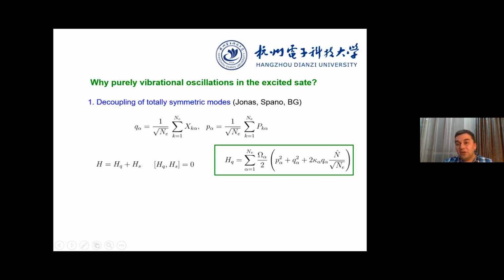But since for chlorophylls the reorganization energy is small, exciton vibrational couplings are small, and this purely symmetric, let's say, fictitious chromophore, which is decoupled from the entire dynamics, has even smaller exciton vibrational coupling. This is not the main reason for the vibrational oscillations we observe in these simulations.